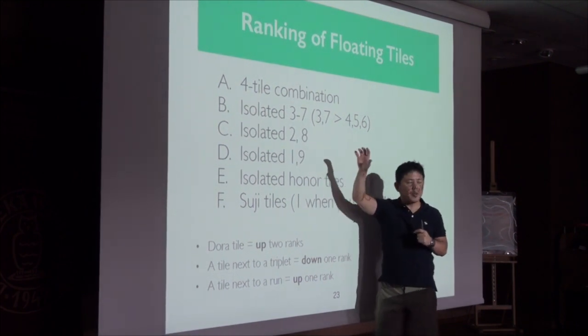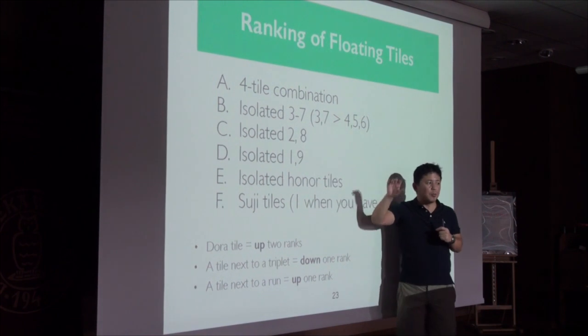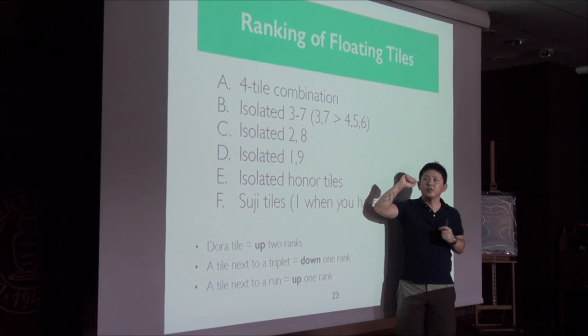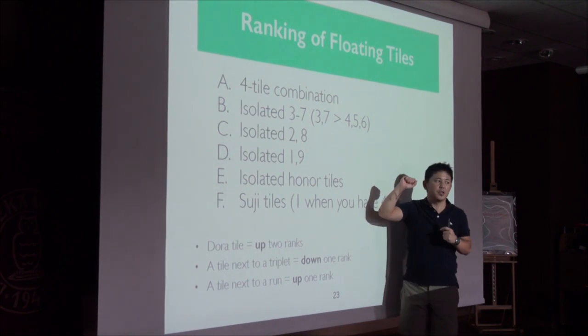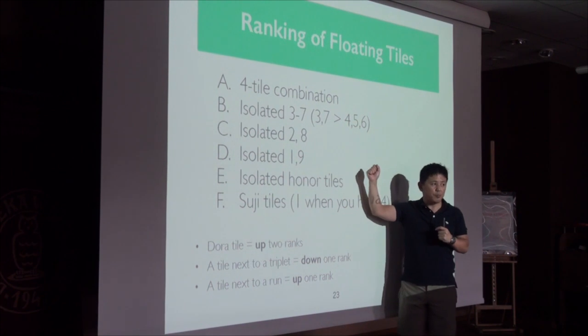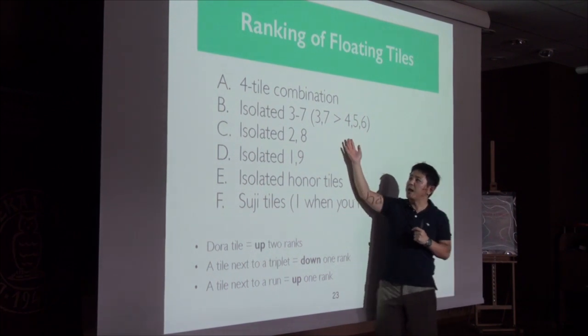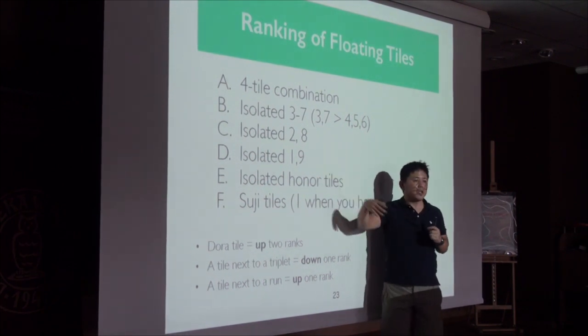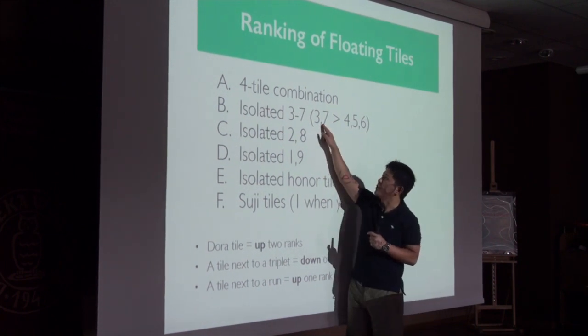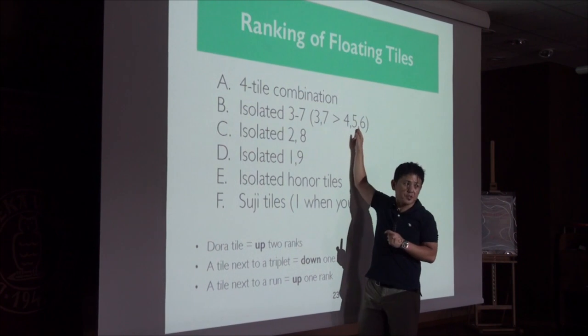Side weight protons are better than closed weight or edge weight, but among side weight protons, some are better than others, right? So 1 4 weight is better than 2 5 weight or 3 6 weight or 4 7 weight because tiles closer to terminals are more likely to be discarded, right? So that's why we value 3 and 7 over 4, 5, 6, right?